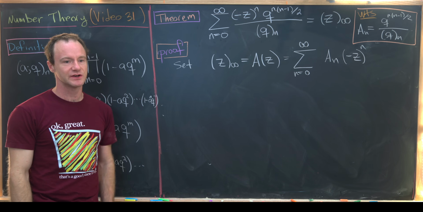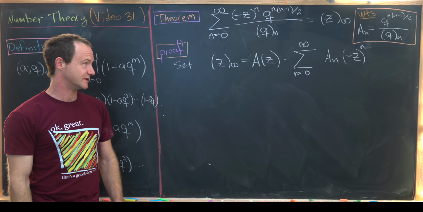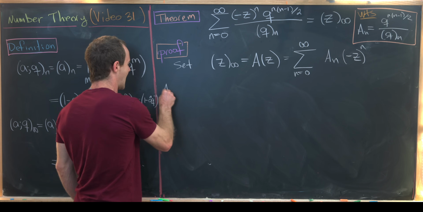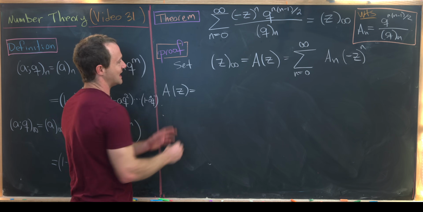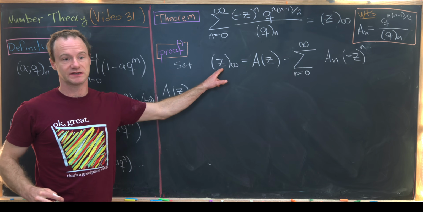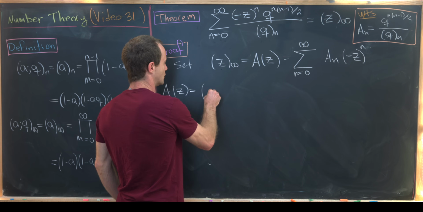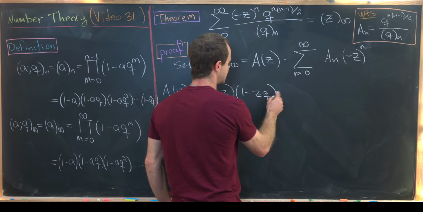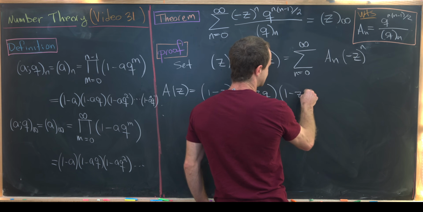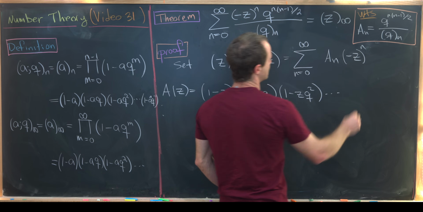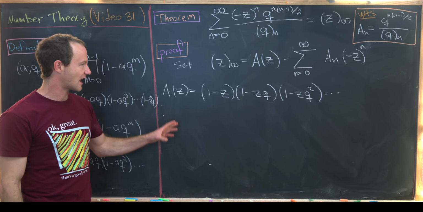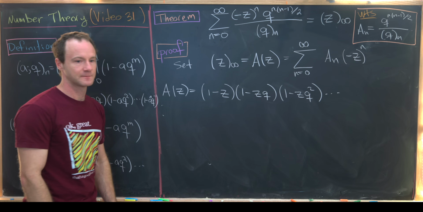And like I said, we're going to do the same kind of strategy that we did before. So let's start just by looking at A(z), but expand it out as a product here. So that is (1 minus z) times (1 minus zq) times (1 minus zq squared), but an infinite product. This is just to get an idea for how we can put these things together.